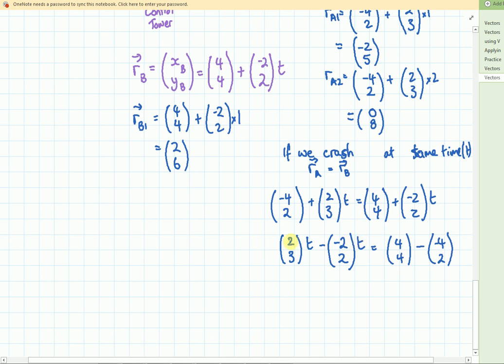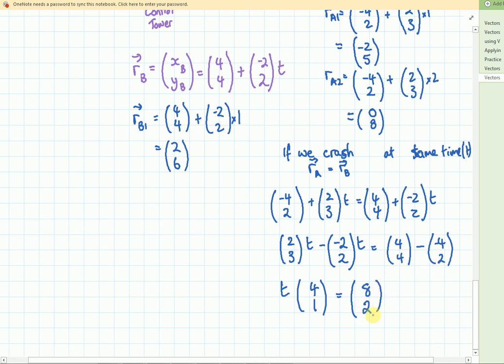Factor out the t, and we can actually combine these two vectors together now. So we get t times 2 minus 2, that's 4, and 3 minus 2 is 1. And does this equal, is there a value where we get 4 minus minus 4 is 8, and 4 minus 2 is 2.